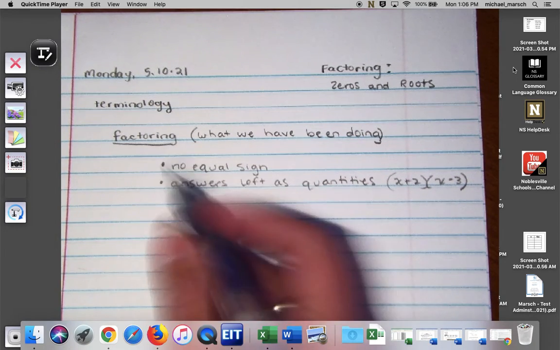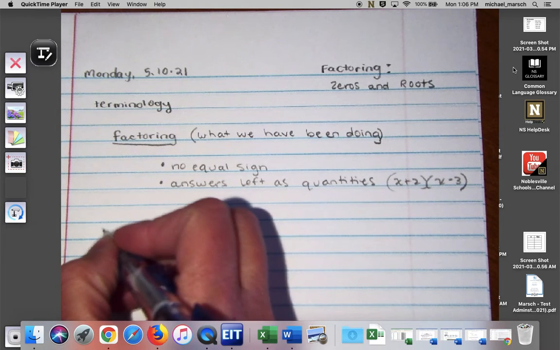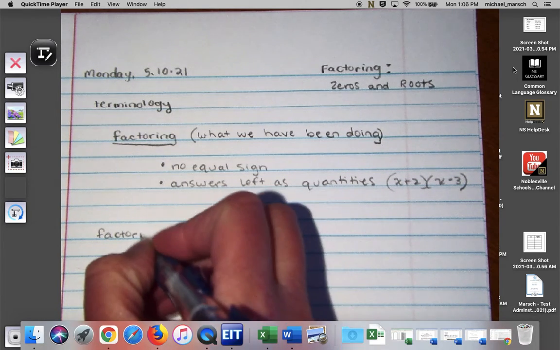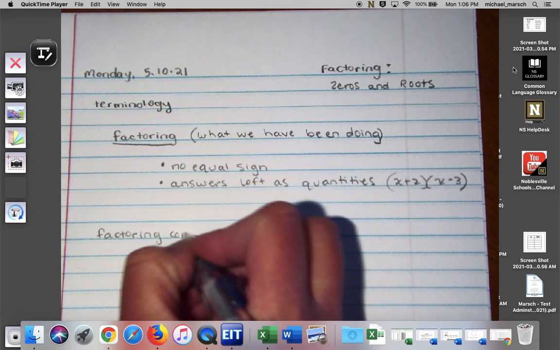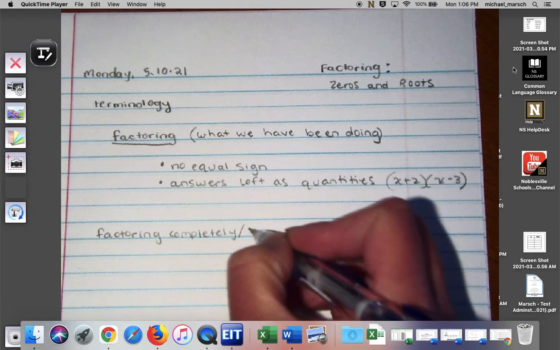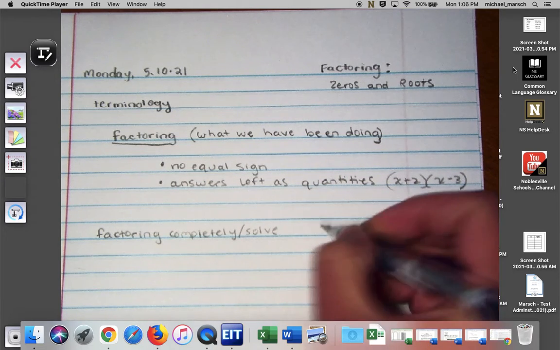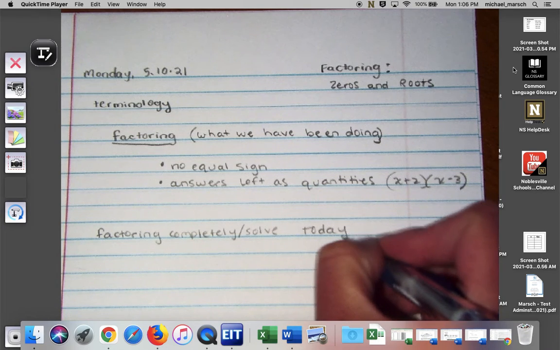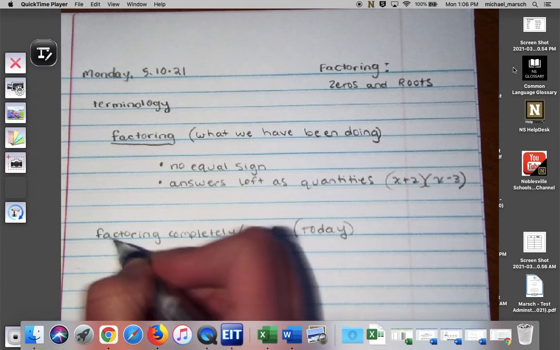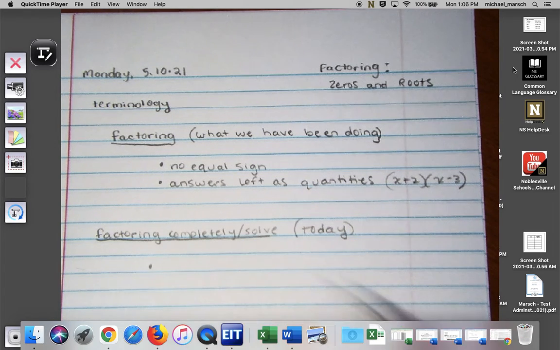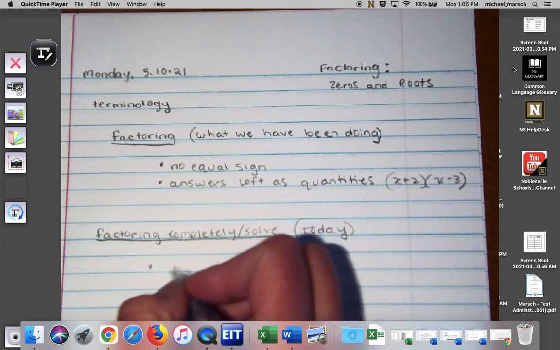We've been doing factoring. That's just where you stop. And then factoring completely. Or they'd say solve, which is what we're going to be doing today. You'll know that you need to solve it because there will be an equal sign.